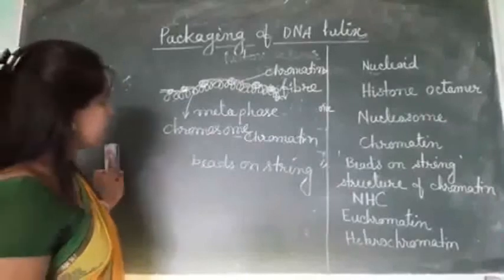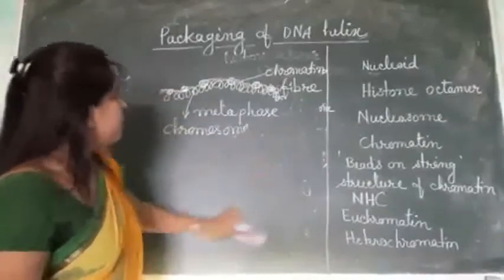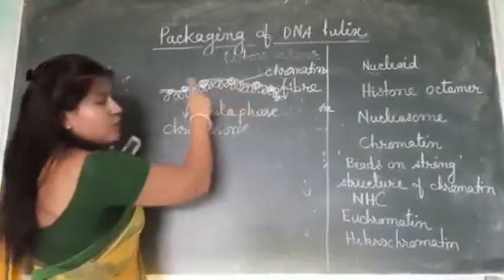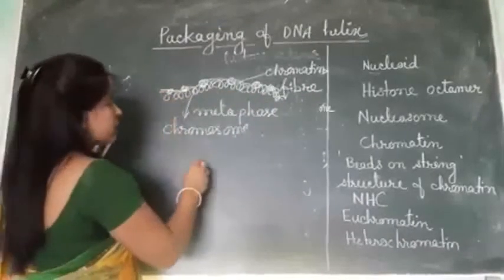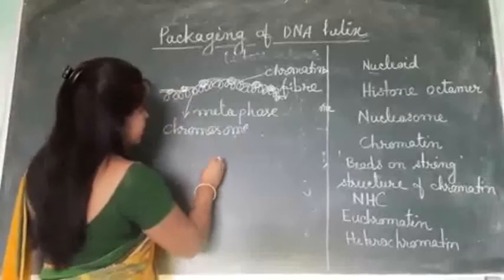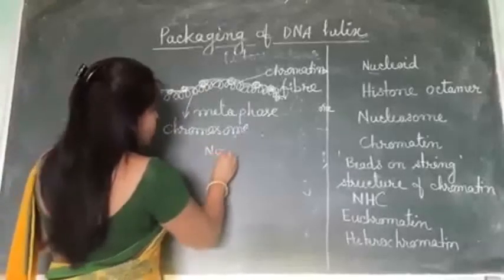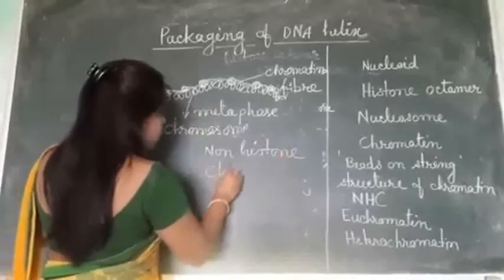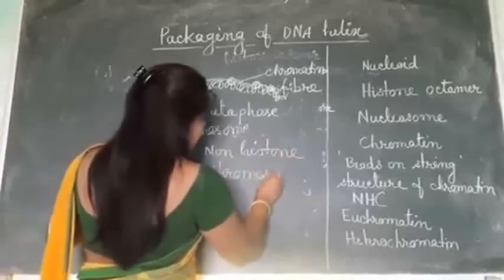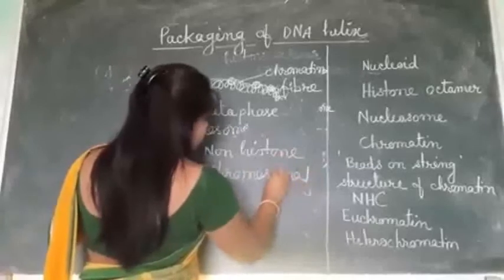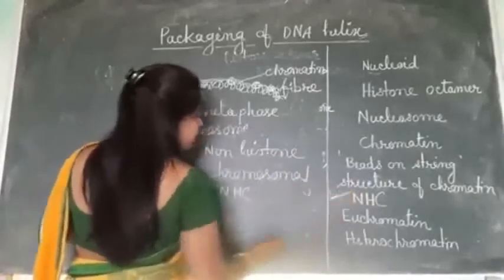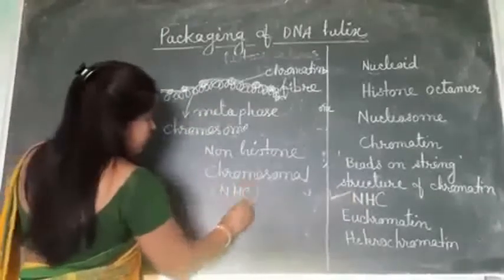Okay. Now see, the packaging of chromatin fibers at such a higher level requires an additional set of proteins. These are called non-histone chromosomal proteins, in short NHC proteins.